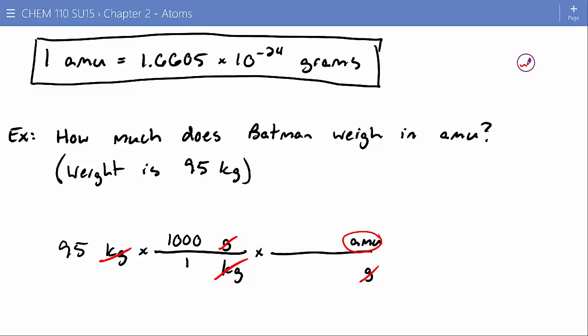So remember, we're saying 1.6605 times 10 to the negative 24th grams would be equal to 1 AMU. So you want to make sure that the top and the bottom are equal. That way they cancel out.